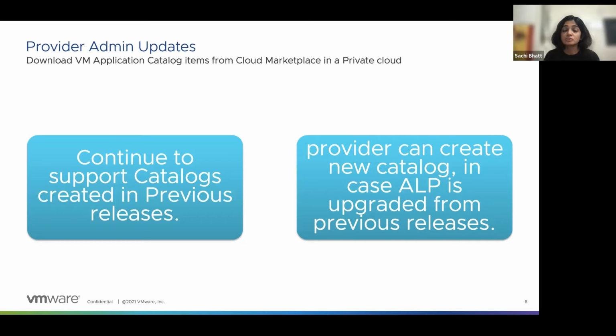So this is also backward compatible in a way that existing catalogs will continue to be functional from App Launchpad for providers. But if you want to leverage this new feature, you can create new catalog, and that new catalog will be running in the pull mode, where you don't have the dependency.